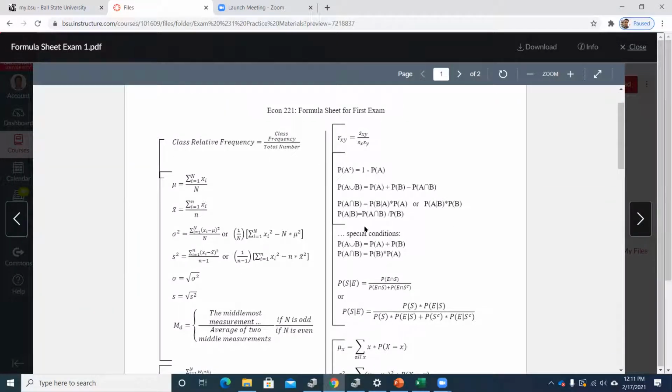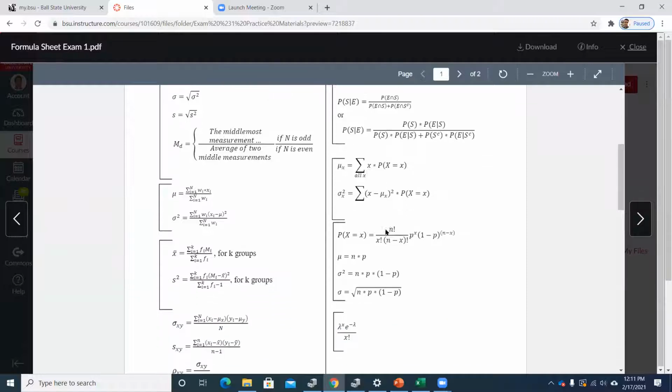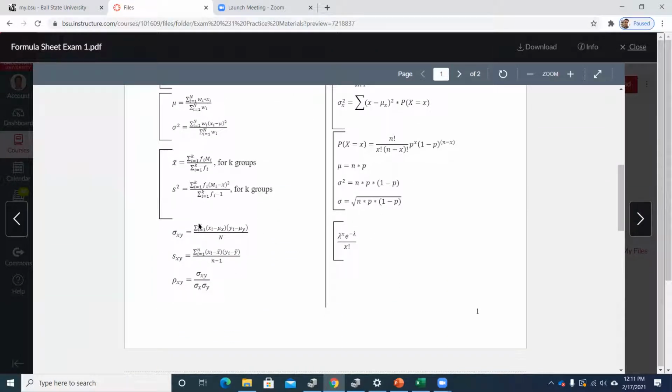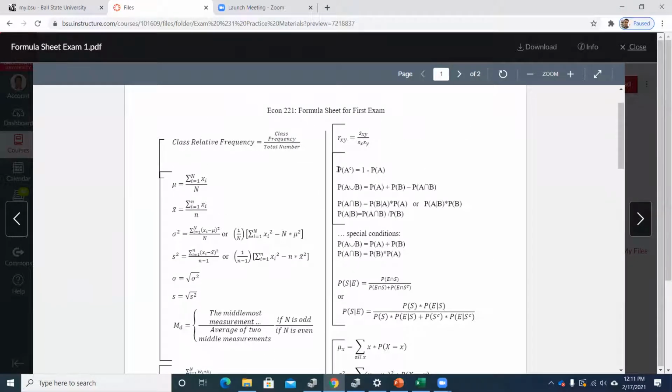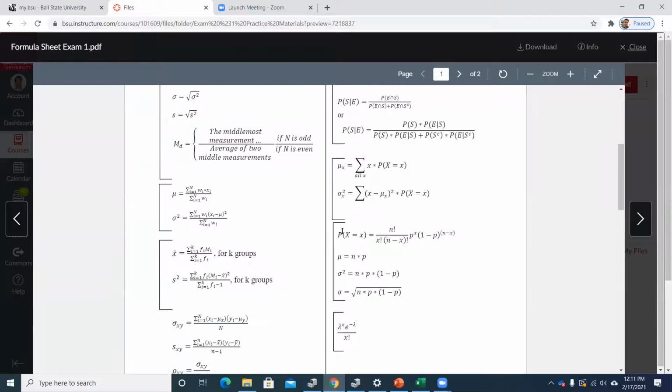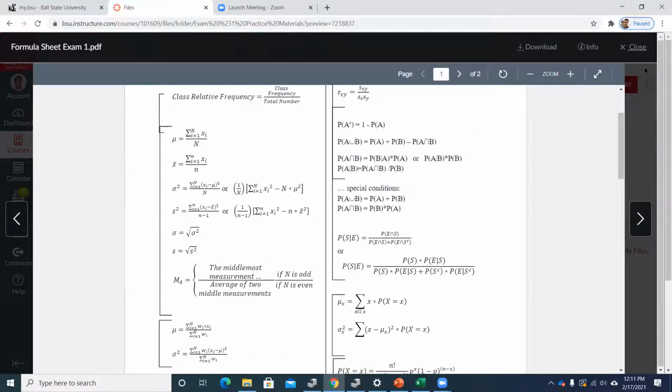What I would suggest doing, prior to the exam, is going through this and making sure you can identify exactly what these equations represent. I even group them: here's our weighted mean and our weighted variance, here are our probability laws, here are our binomial equations. We'll talk about some more of these today, but that's already out there. So yeah, you'll have that.